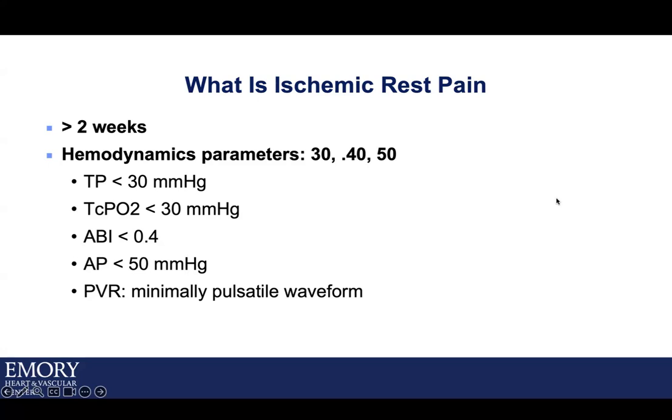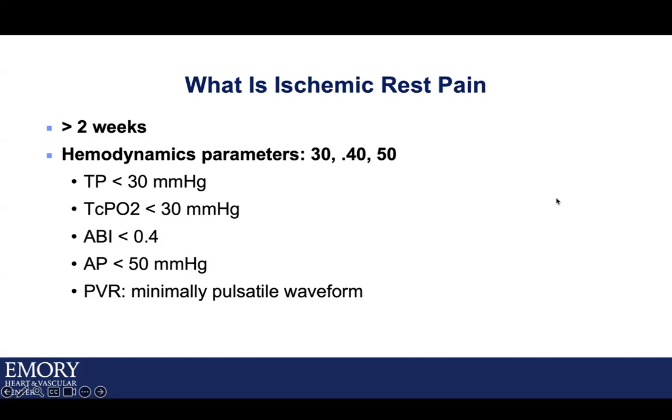Now I need to also mention an important thing here: the pressure measurements should be correlated with the Doppler, because you have to keep in mind that ankle pressures and ankle brachial index are frequently falsely elevated in patients who have calcification or medial calcinosis of their vessels, and their ankle pressure or ABI might be higher than reality, especially patients who are diabetic with ESRD.